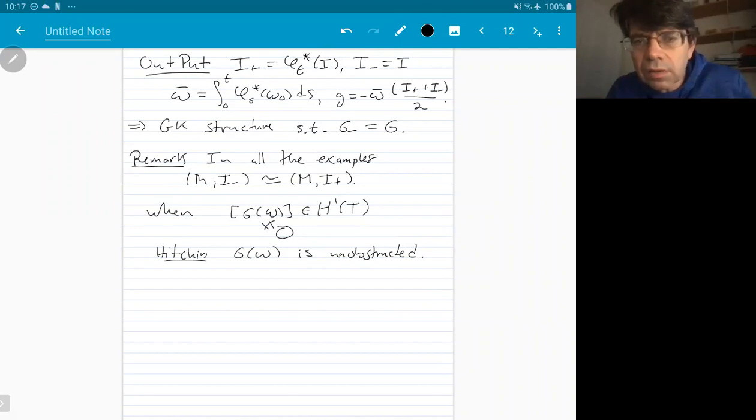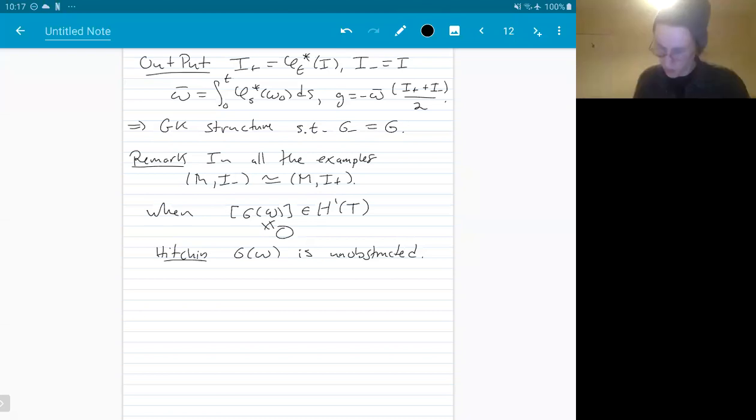Yeah. You refer to Goto's theorem or Hitchin's? I'm a bit confused. Well, I think there is also a theorem of Goto about deforming, but I'm referring to a theorem of Hitchin.